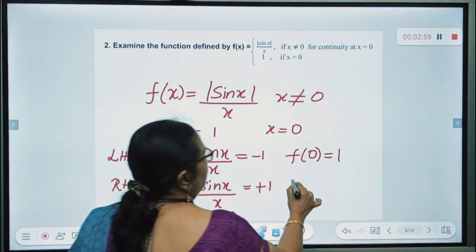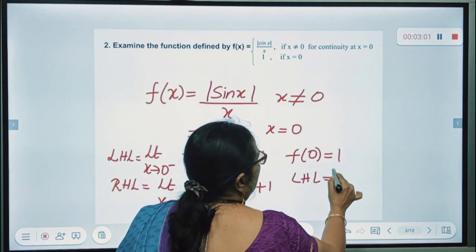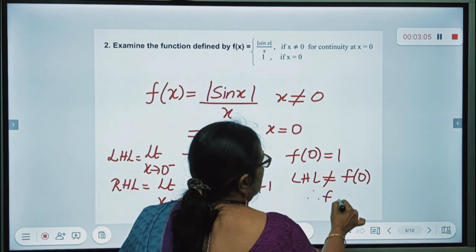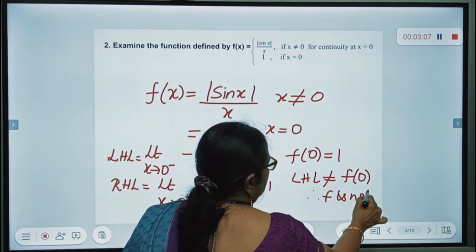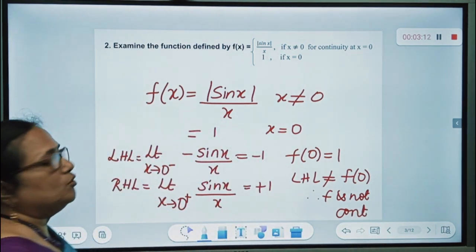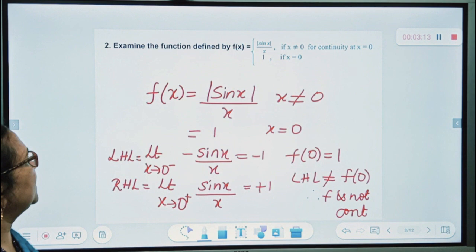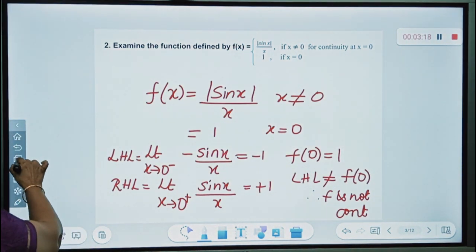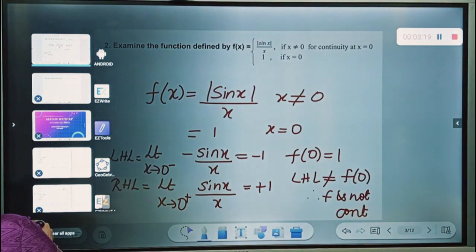So left hand limit is not equal to f of 0. So f is not continuous. So you can see the graph of modulus of sin x by x by using GeoGebra. Let us look at the GeoGebra screen.